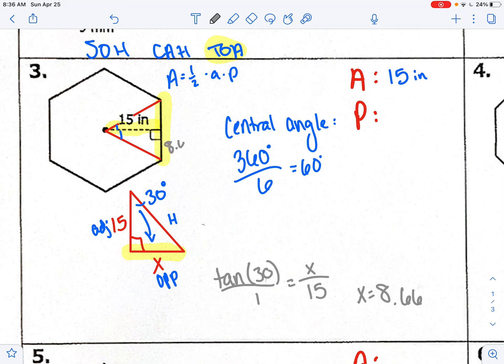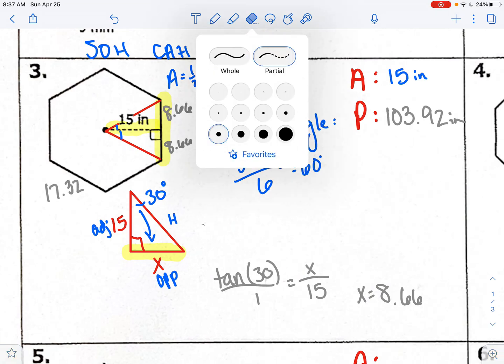So this is 8.66, which means that this is 8.66, which means that a side length is 17.32. And I'm still not done because what am I trying to find? I need the perimeter. So if one side is 17.32, I'm going to multiply that by the number of sides, 6, to get 103.92 inches.